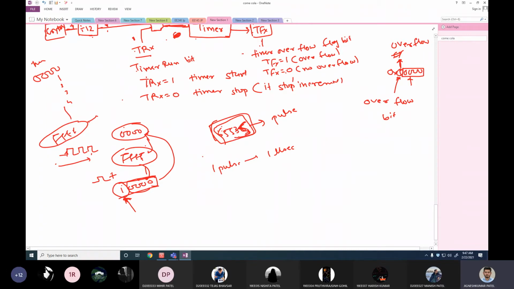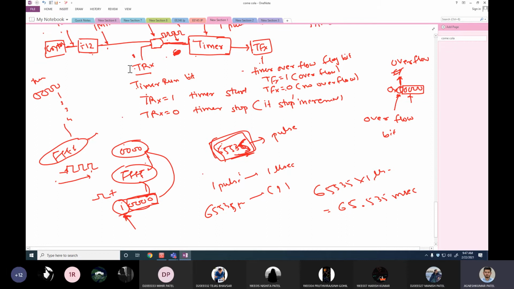So each time your timer overflows, that means this number of pulses is received. And if this is the number of pulses received when you get overflow, can you calculate the time? Yes, I can calculate it. These are the number of pulses, so what is the time? Time is 65535 pulses into 1 microsecond, so I can say 65.535 millisecond passed as soon as I start the timer.